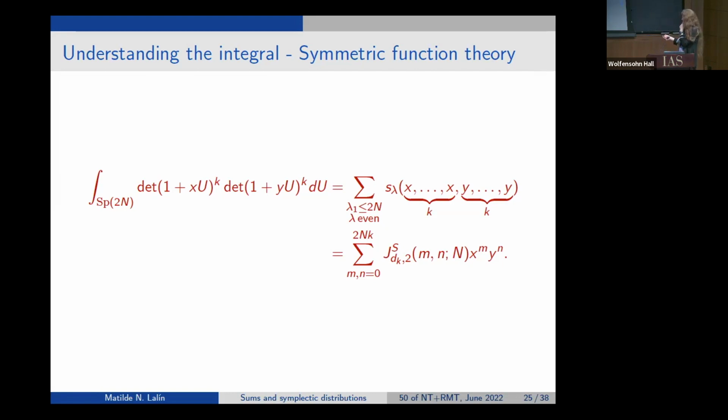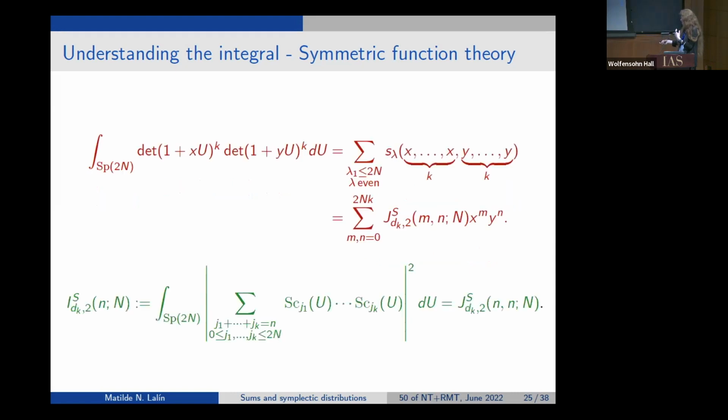If we write the coefficients of this generating function, the thing I'm interested in has to do with having m equals n. The integral I want to find comes from setting m equals n here. So I'm keeping these two variables to keep the square there.